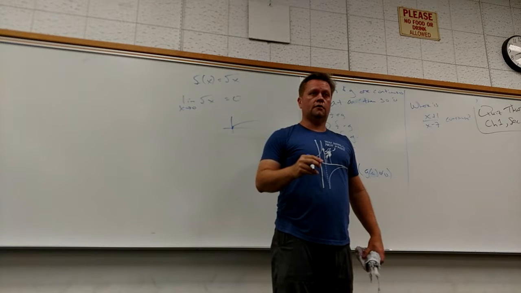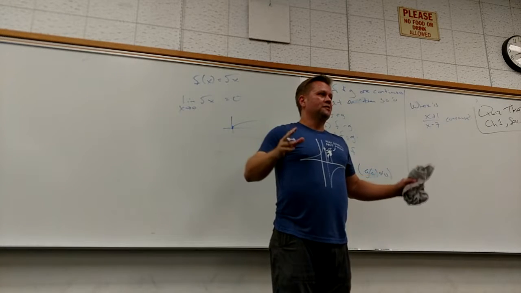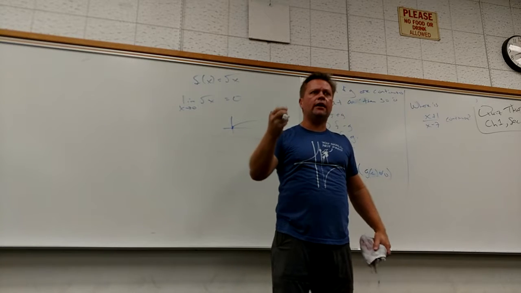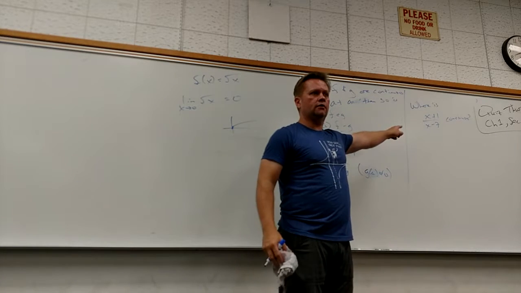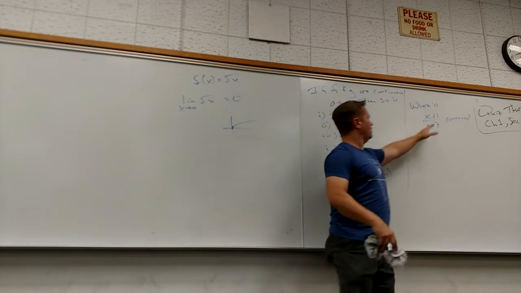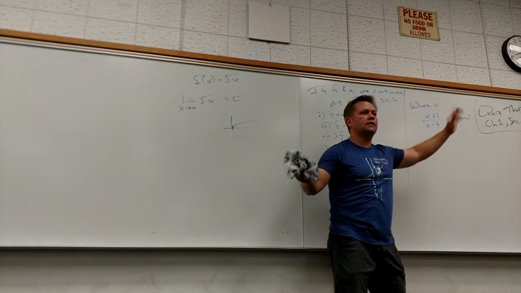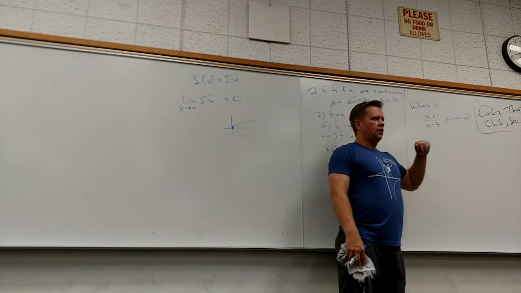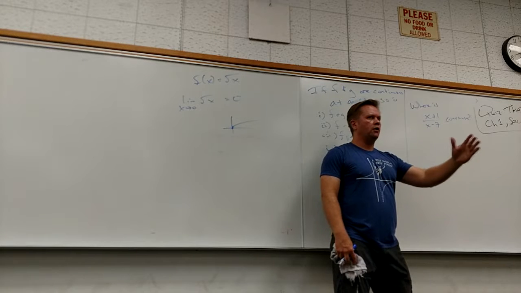All values except 7. Beautiful. In fact, what is it about 7 that shouldn't even bring it into play? What's the domain of this thing? All values except 7. So any rational function is going to work the exact same way. Any polynomial divided by polynomial is going to be continuous everywhere on its domain.